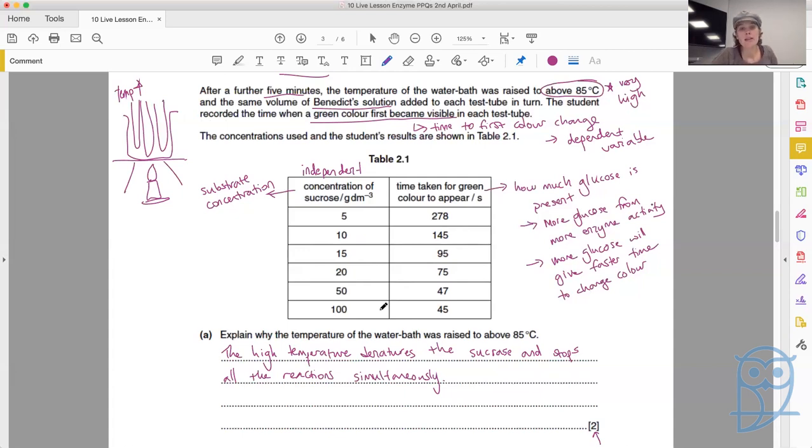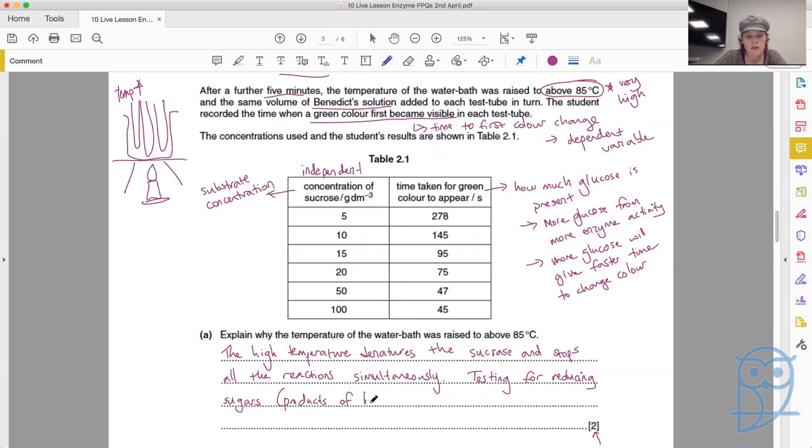The other thing is, of course, that we are using Benedict's. And Benedict's needs a boiling water bath in order to get your color change efficiently. So, Benedict's solution, let's say rather testing for reducing sugars. And let's be clear, they know exactly what we're talking about.